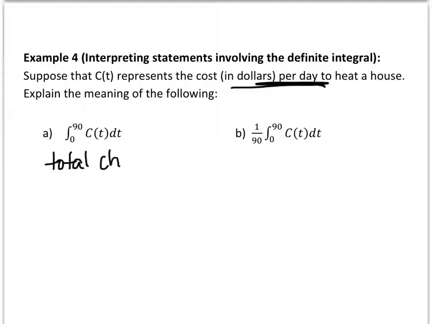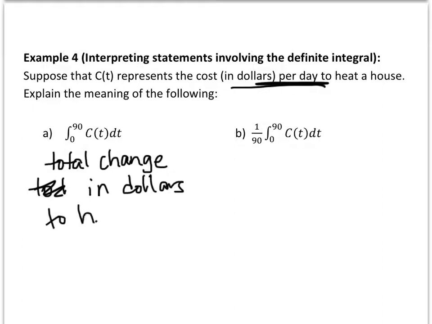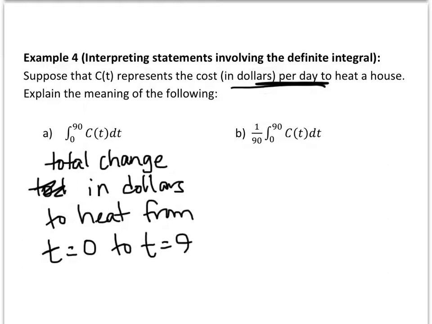So total change in dollars to heat the house from time 0, or day 0, to day 90.